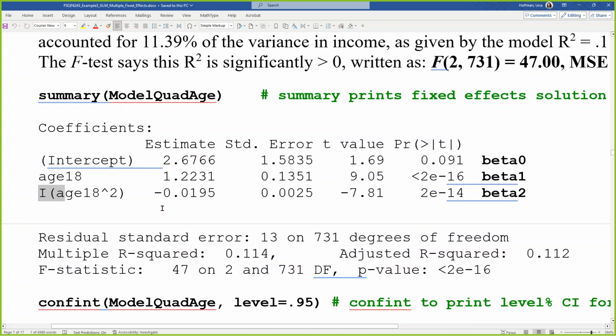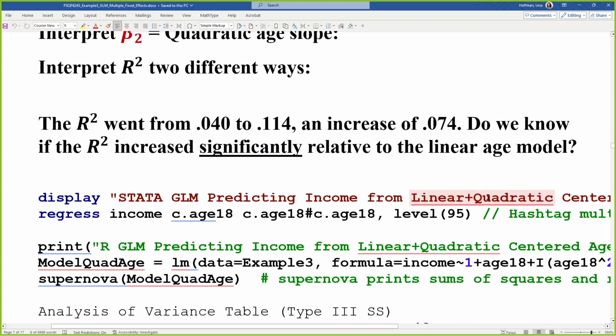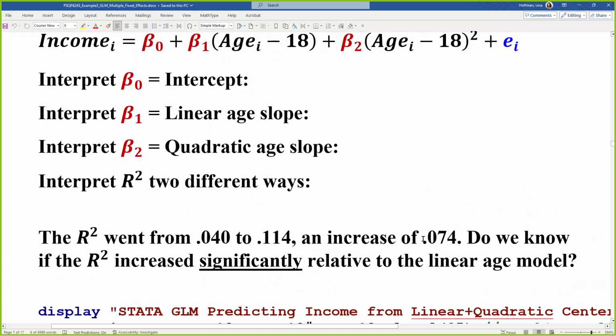So this is the one parameter that makes this model different. And if the new thing helped, then the R-square has to have improved significantly. It's tied together. Another way of saying the quadratic slope is significant is saying that by adding it to the model, the R-square increase it created must be significant too.